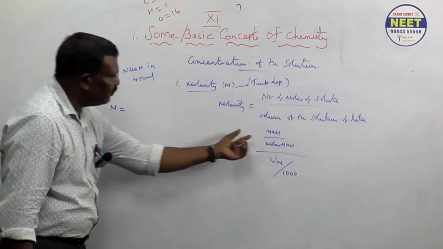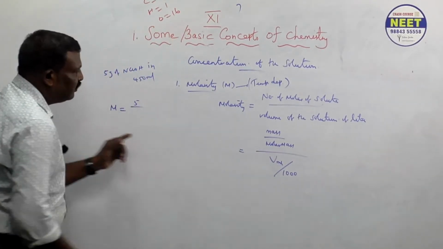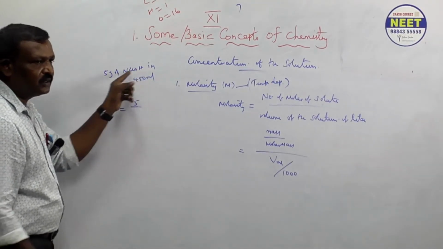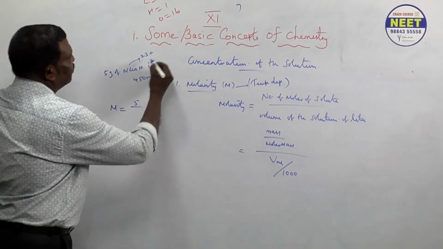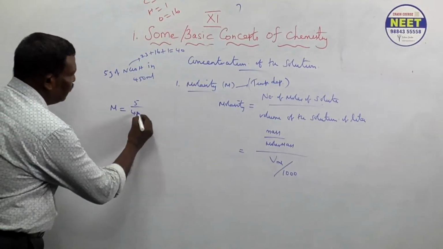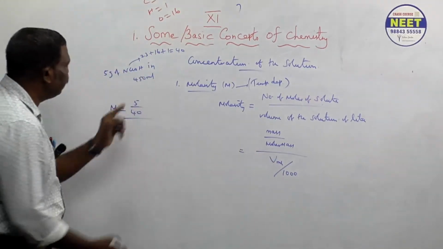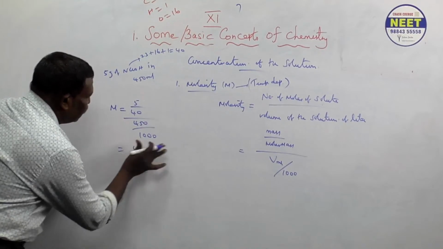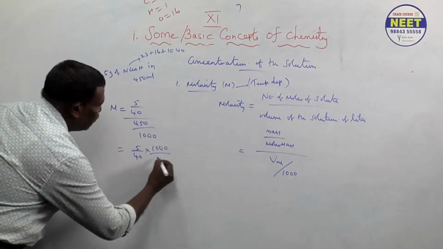What's the formula? Mass by molar mass. Mass is given, 5, by molar mass. Molar mass of what? NaOH. You know that? Simple: sodium 23 plus 16 plus 1, 40. Understood? By 40. Volume of solution in liters: 450 by 1000. So 5 by 40 into 1000 by 450.